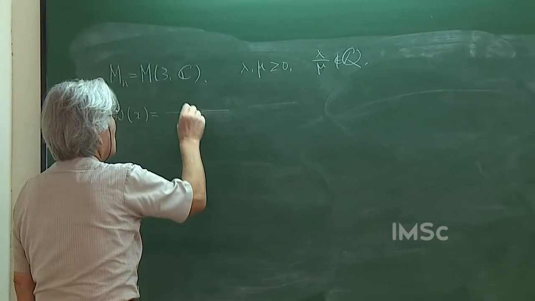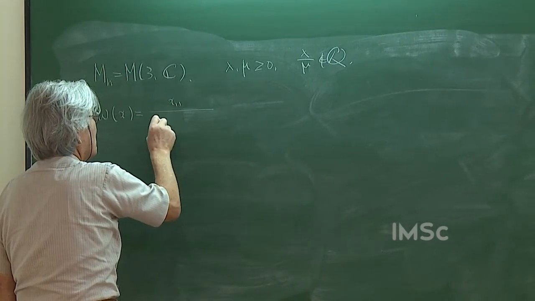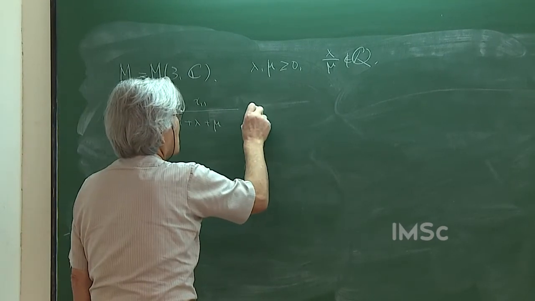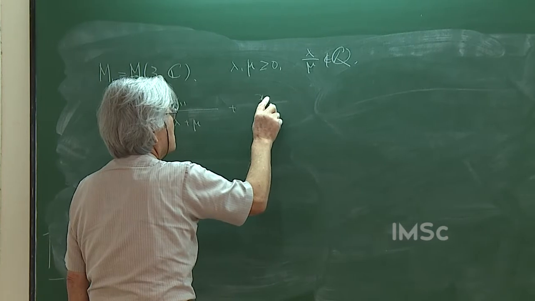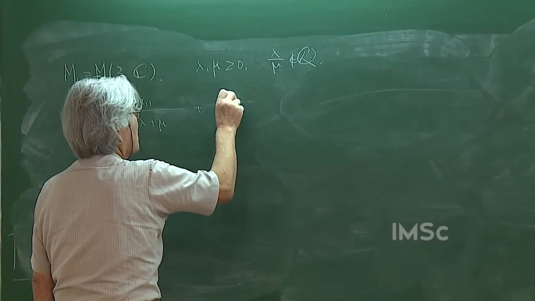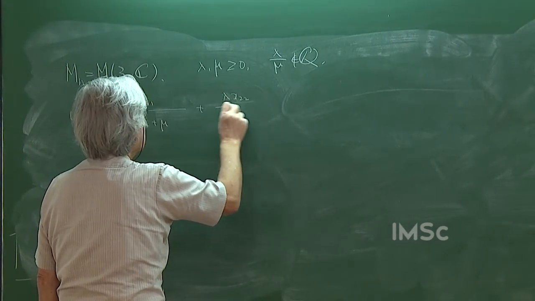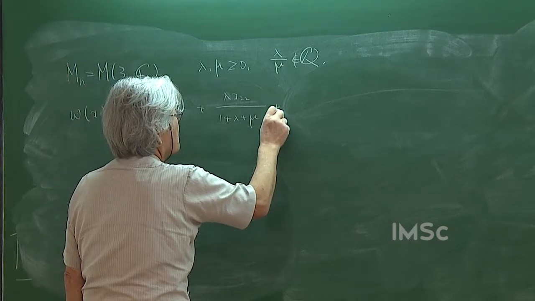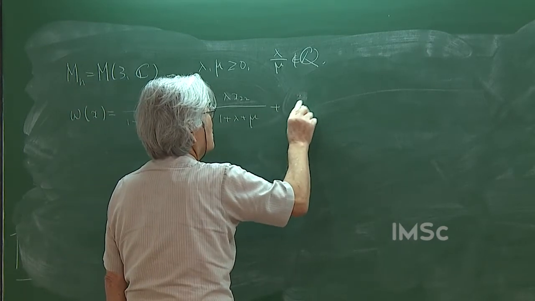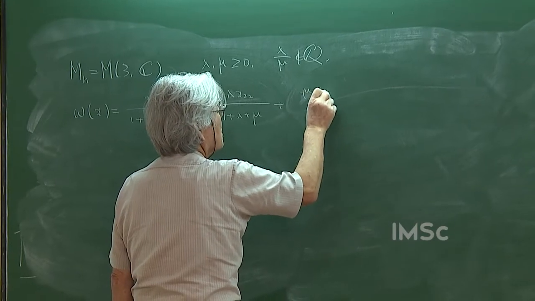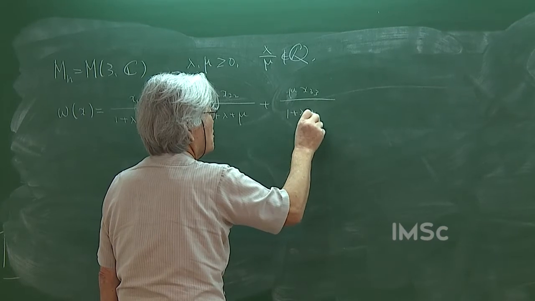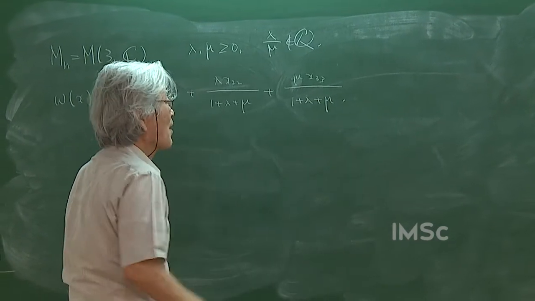And omega(x) = x11/(1+lambda+mu) + x22 lambda/(1+lambda+mu) + x33 mu/(1+lambda+mu).